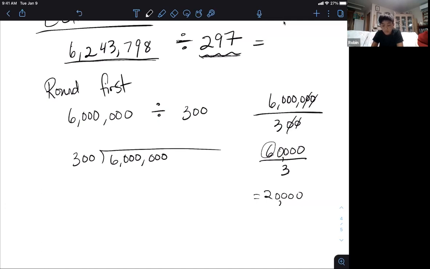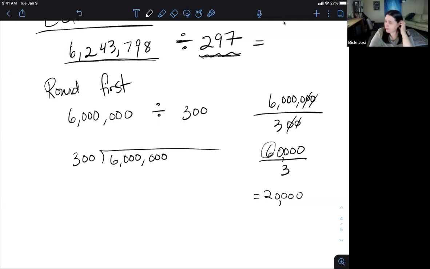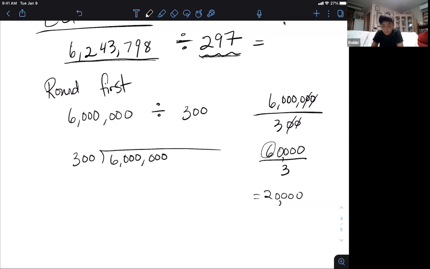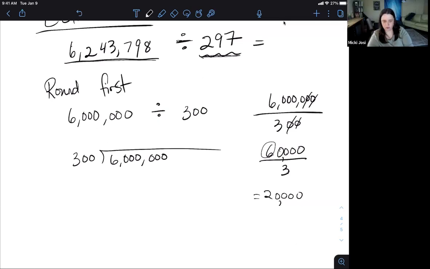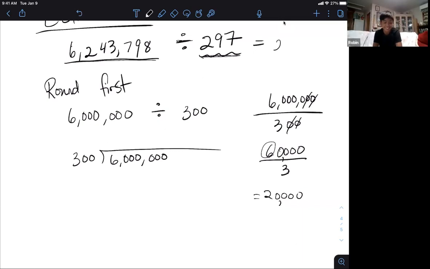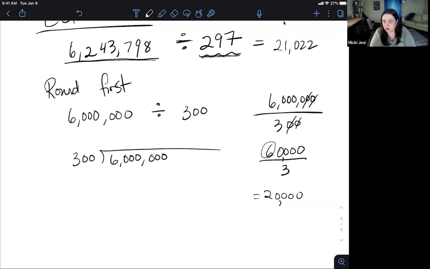And then divide that by 297. What'd you get when you pushed enter? Almost there. 297, yes. That was 21,022, right? So check that out.